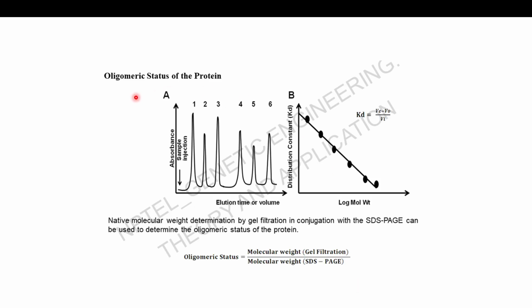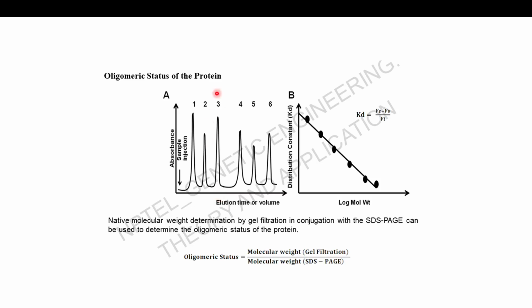One can even determine the oligomeric status of the protein. To do this, we have the same SEC profile, and suppose our protein of interest always elutes at this elution volume, right? So we always get our protein in this peak. Corresponding to this particular elution volume, the molecular weight of the protein is suppose 30 kDa.